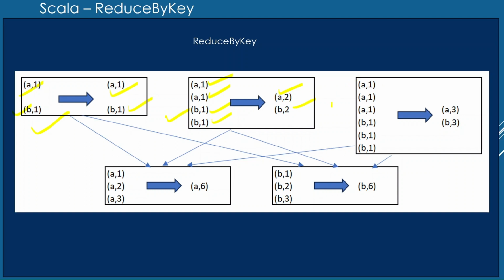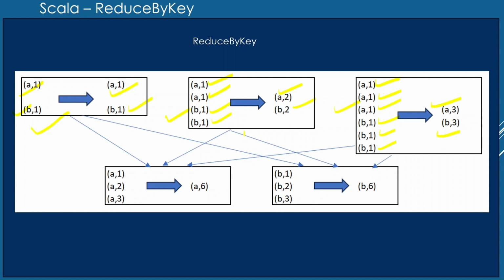This is the partition present in the third executor. Here we can see there are three values for key A and three values for key B, and it reduces in the same partition. The values are 1, 1, 1, so adding them, key A is equal to 3 and the sum of the values for B is 3.